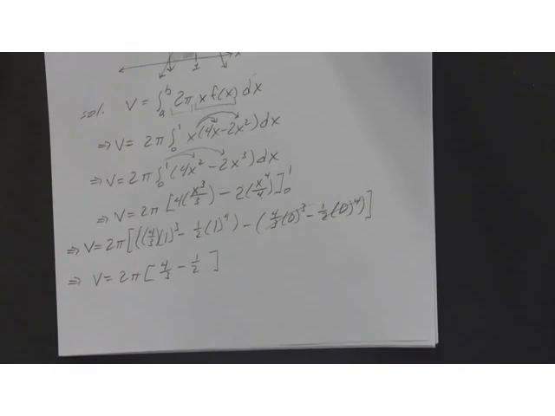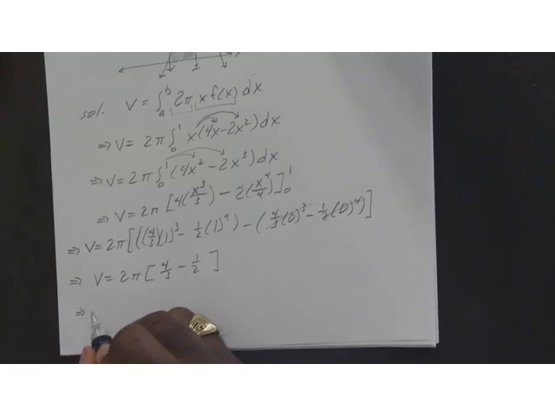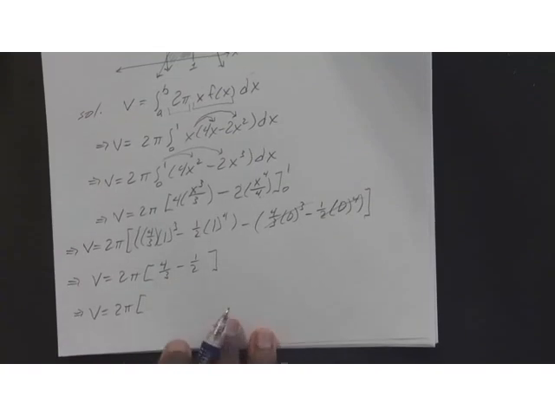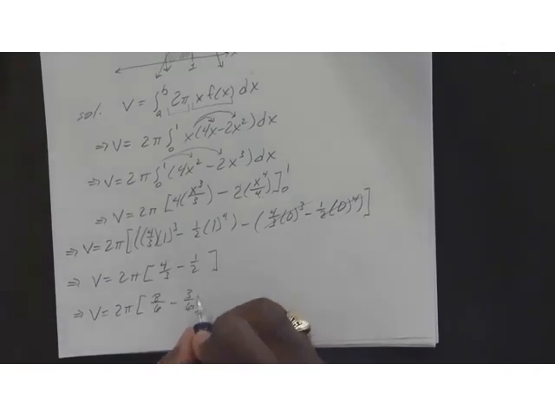If they want a decimal approximation, you can just plug it into your calculator, but if they want the exact value, we can do that too. We can rewrite 4 over 3 as 8 divided by 6, and 1/2 as 3 divided by 6.